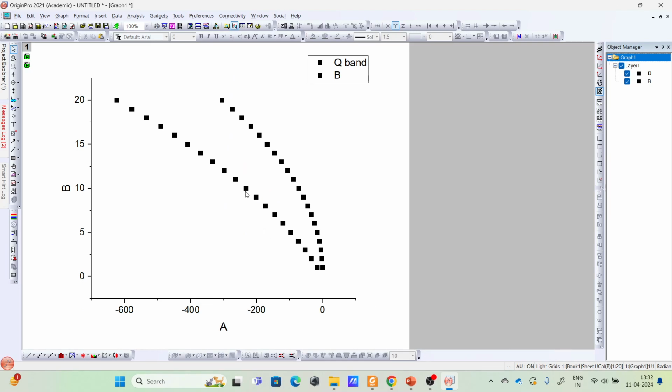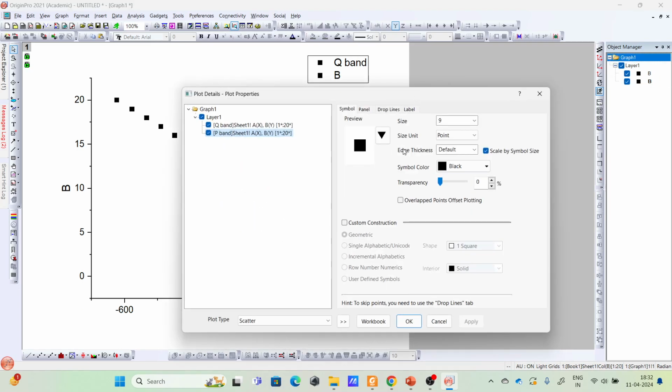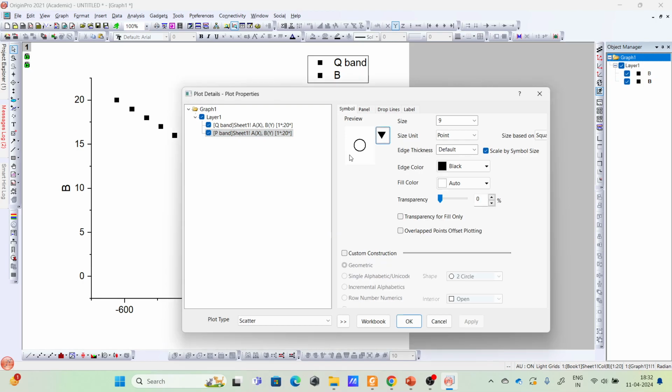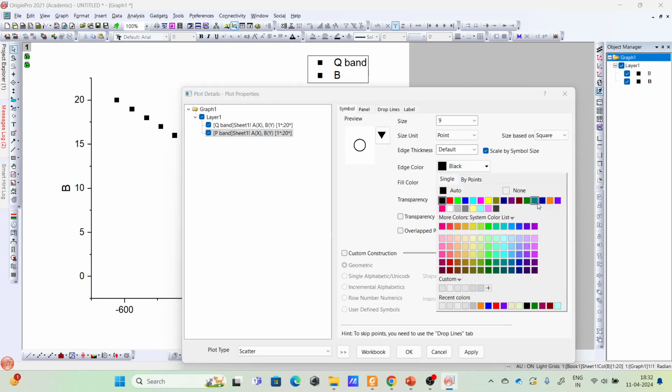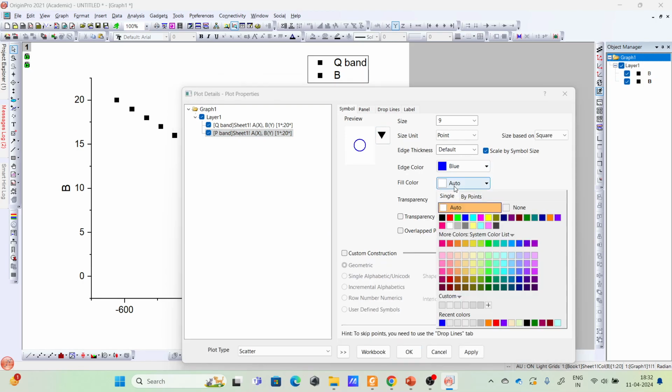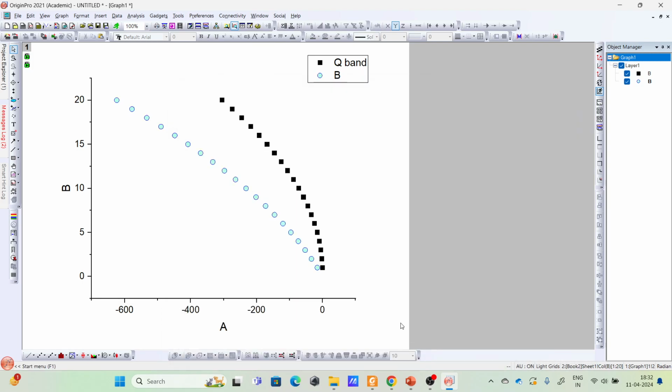Let me show it in a different color maybe. These are my P band.